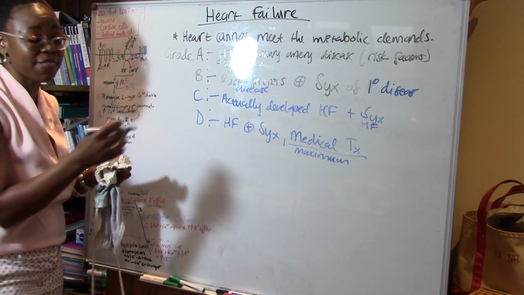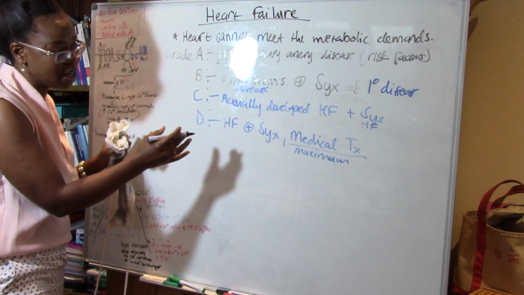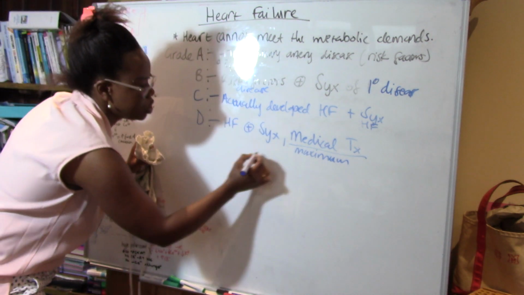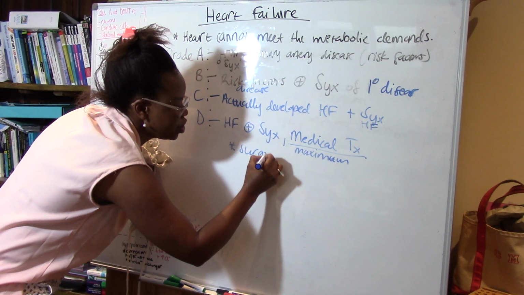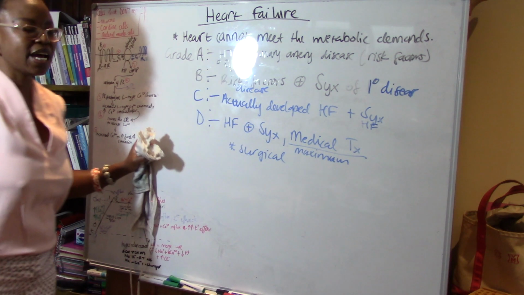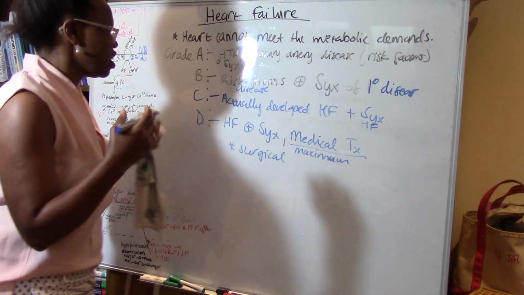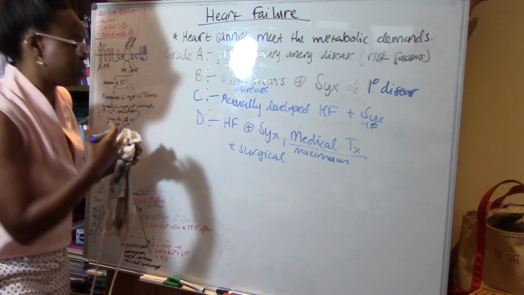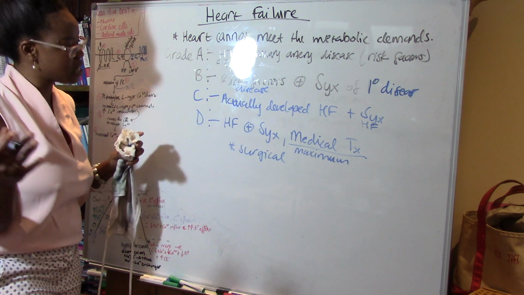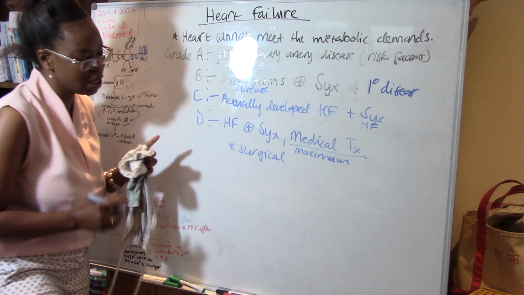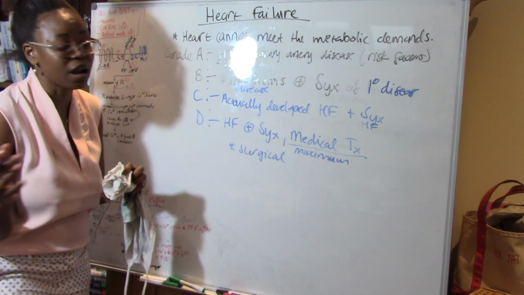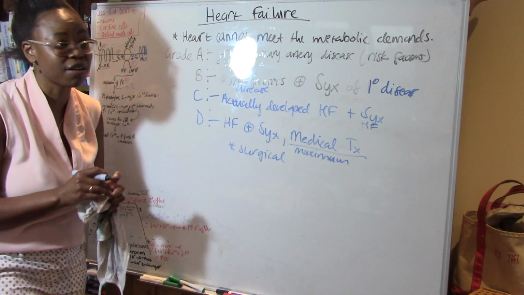So it means that they now need the next stage of management, which means that they definitely require surgical intervention of some sort, such as perhaps a heart transplant, perhaps say if it was a valvular underlying pathology, perhaps a replacement of a valve, or perhaps just repair of that valve.